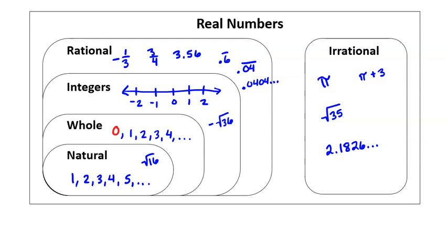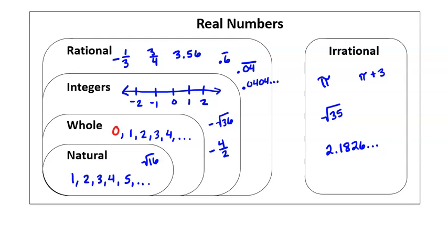So I could also have something like negative 4 over 2. Although I would think like, oh, this is a fraction, it must be up here, I could actually fit this down into the integers category because negative 4 over 2 is just the same as negative 2.